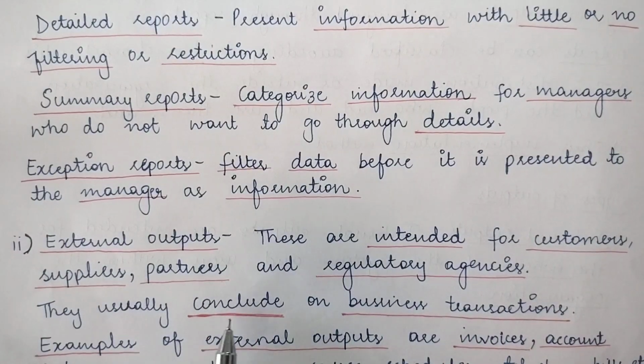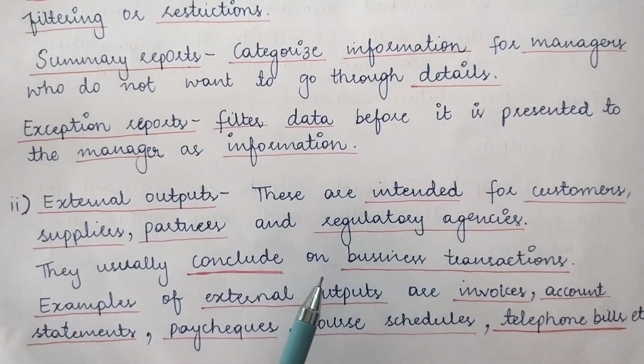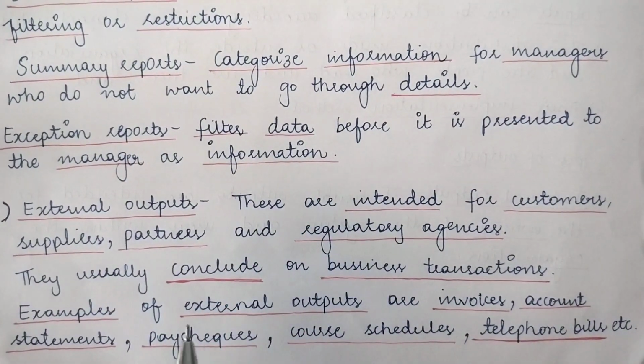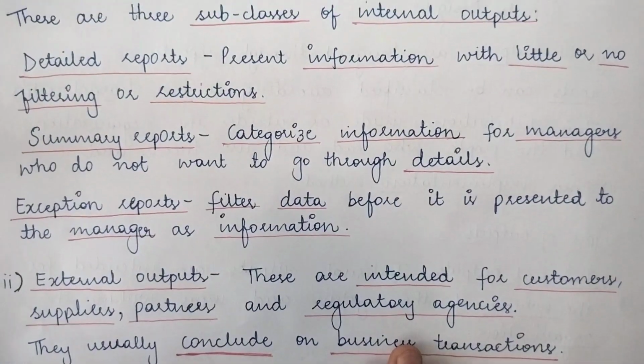They usually conclude business transactions. If we consider examples of external outputs, these are the invoices that are generated, the account statements, the paychecks, the course schedules, telephone bills, etc. These are all examples of external outputs.